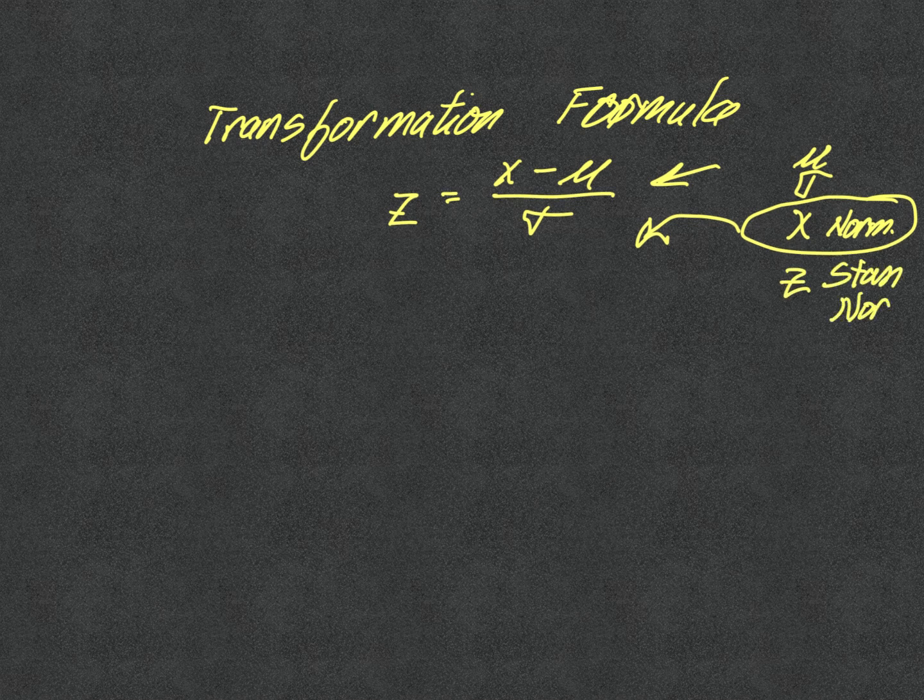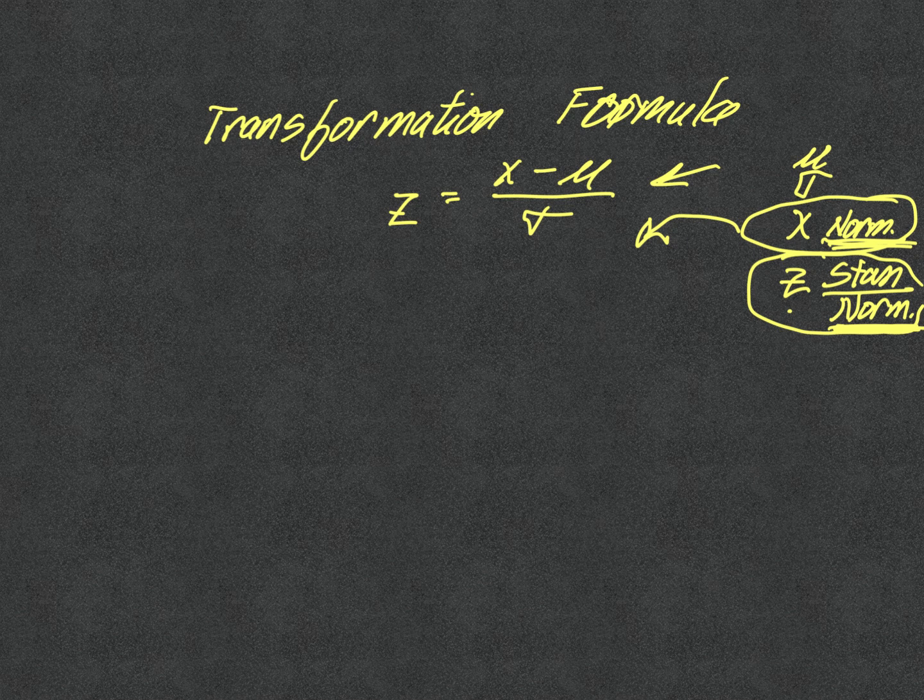Why is that? Well, the way we used to do statistics and the way we still do it very often is we use tables, and all the tables are in the standard normal form because there are an infinite number of other normal distributions. And so if we just use one of them and convert everything to that, then we can answer questions by using the standard normal.